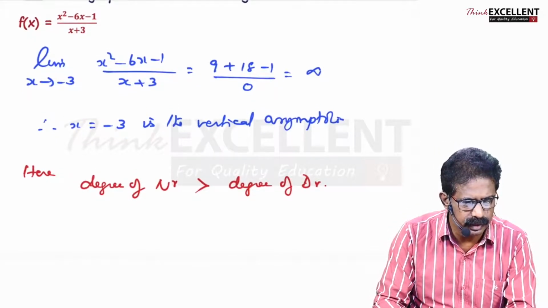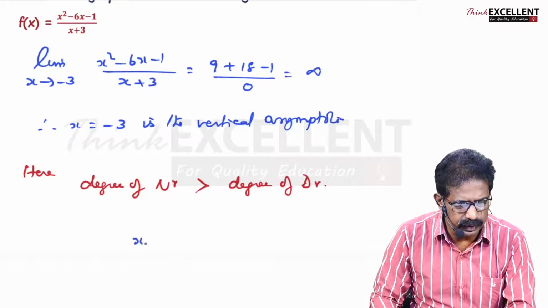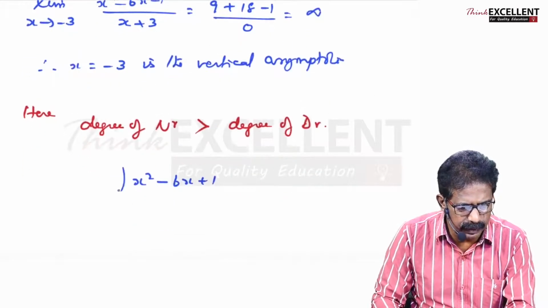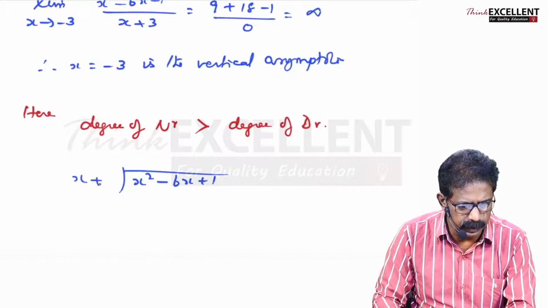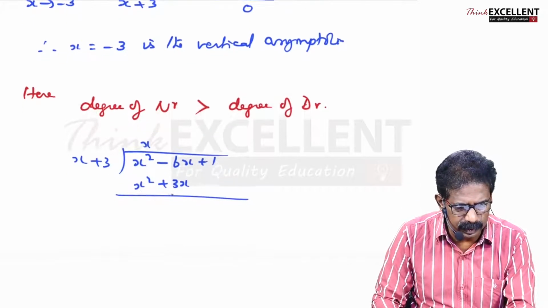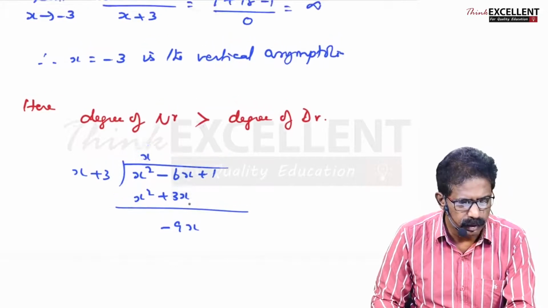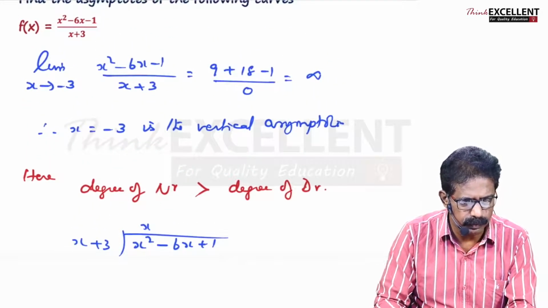So you divide it. So numerator is x square minus 6x plus 1 divided by x plus 3. x square by x is x. By that x you multiply both, x square plus 3x. So change the sign, minus. So cancel this. So minus 9x plus 1, right?